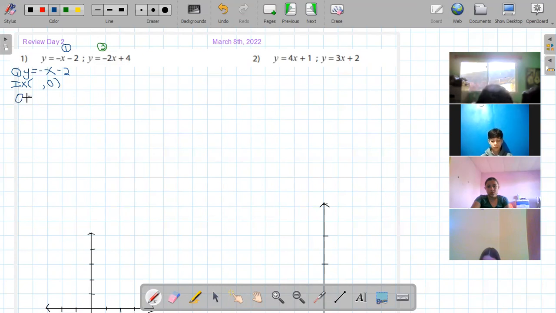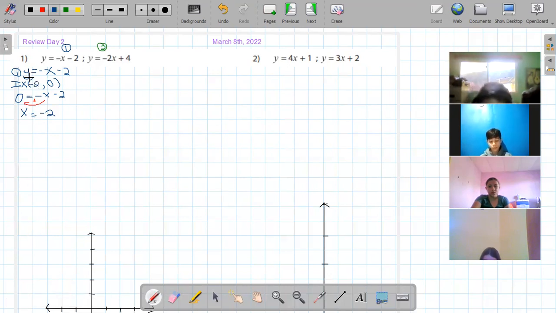So 0 is equal to negative x minus 2. I need to have the variable x completely alone and positive, so I'm going to pass it to the left side, positive because it's negative, right? So I'm going to have that x is equal to negative 2. And that's the number that I'm placing over here, negative 2.